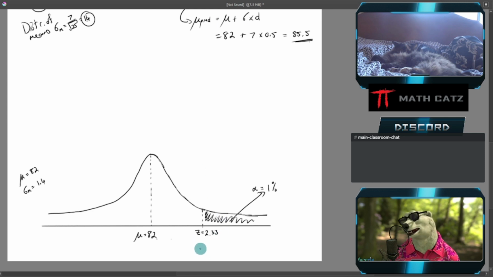Now I have to think, well, what is the raw score that corresponds to this 2.33? Because of my tables, I go to a z-score simply to have one table, but this matches, of course, a specific raw score.